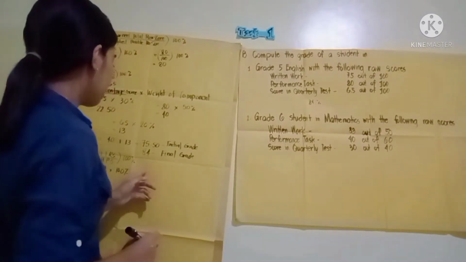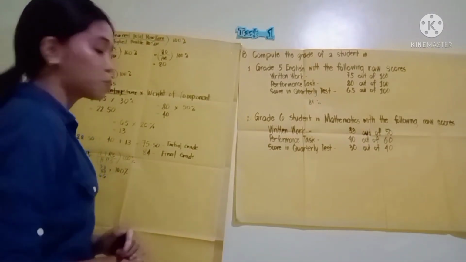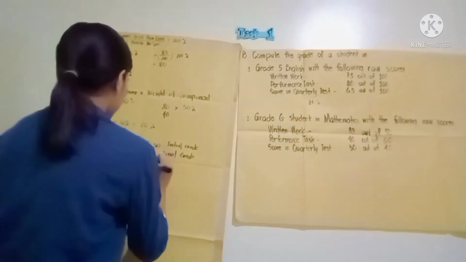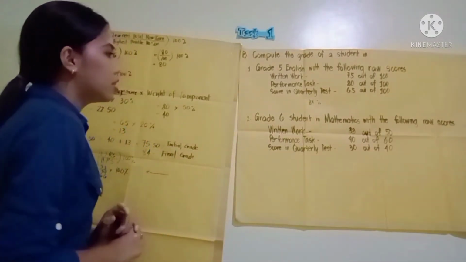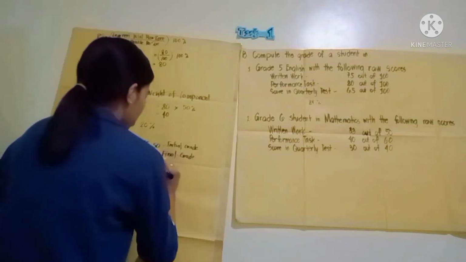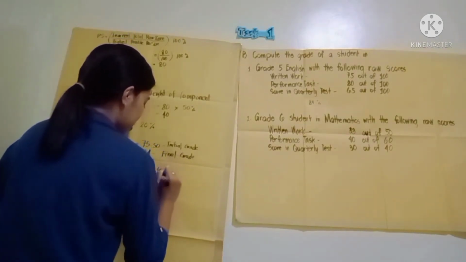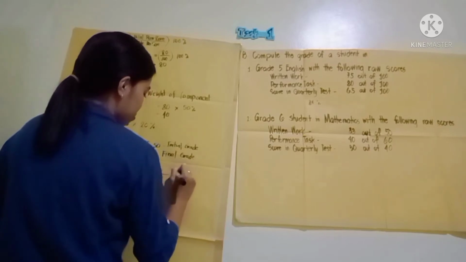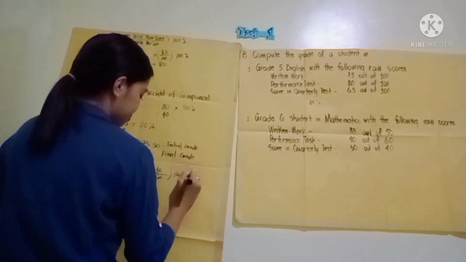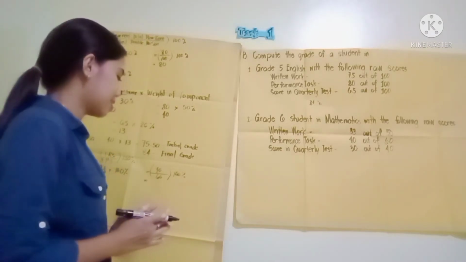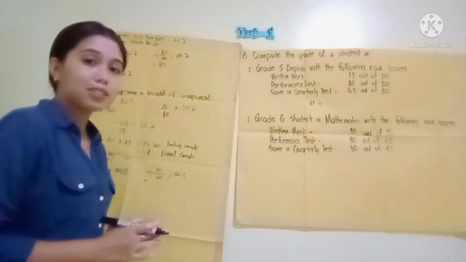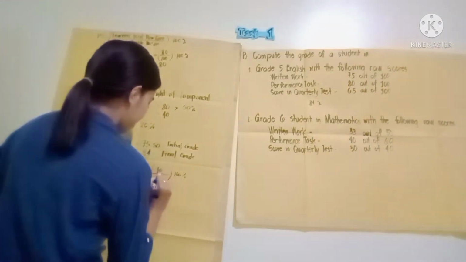So we need to get the performance task percentage score. So it is equal to 40 over 60 times 100%. So the percentage score for the performance task is 66.67.